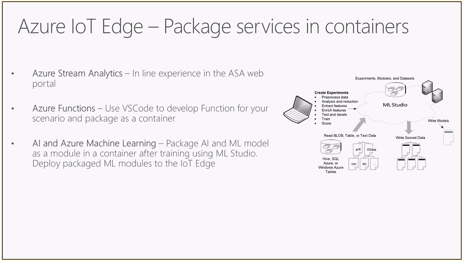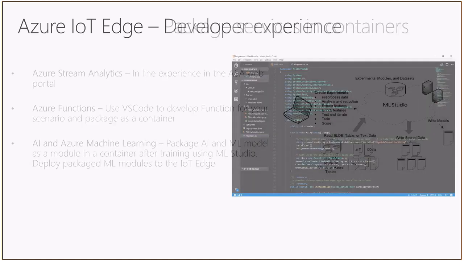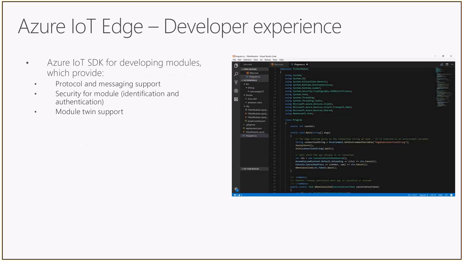Then there is Azure Machine Learning. You pretty much create your machine learning modules, push them onto the edge, and run them on the edge. For developer experience, we wanted to make sure you have a nice experience developing these modules using VS Code.